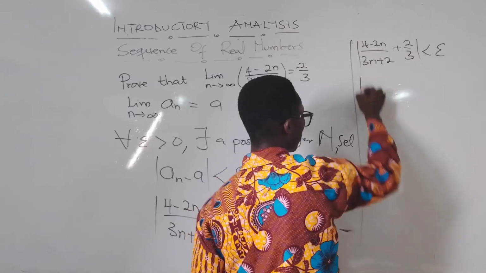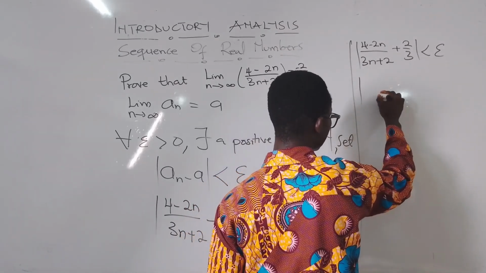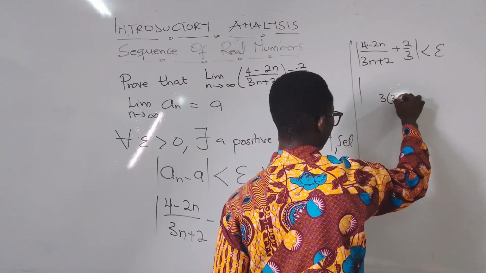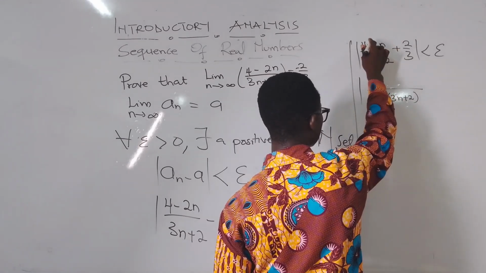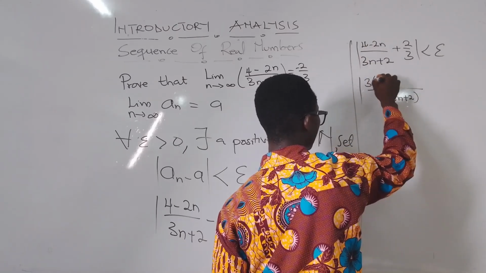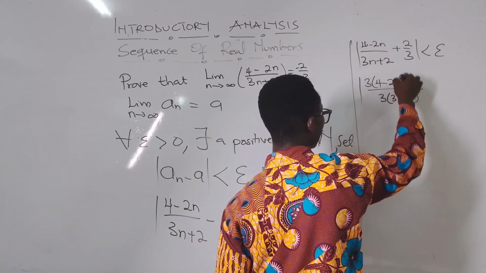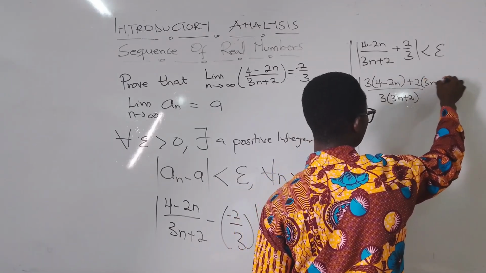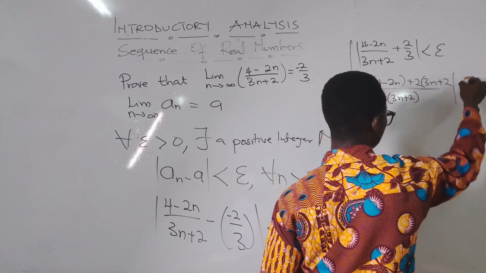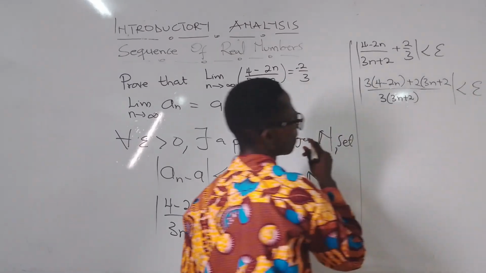So here I'm going to find the LCM, which is 3 times (3n plus 2). So I'm going to have 3 times everything here, which is (4 minus 2n), plus 2 times everything here, which is (3n plus 2), should be less than epsilon.